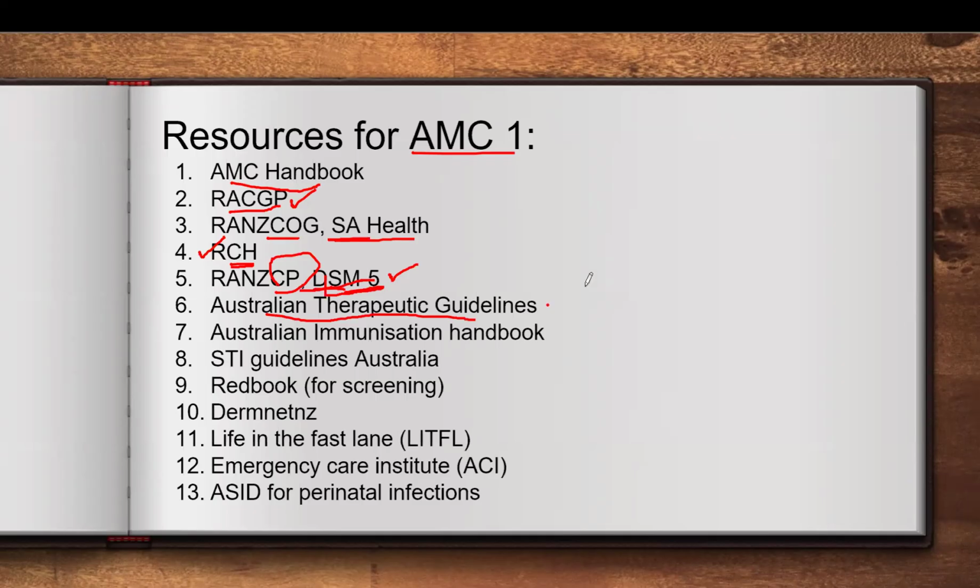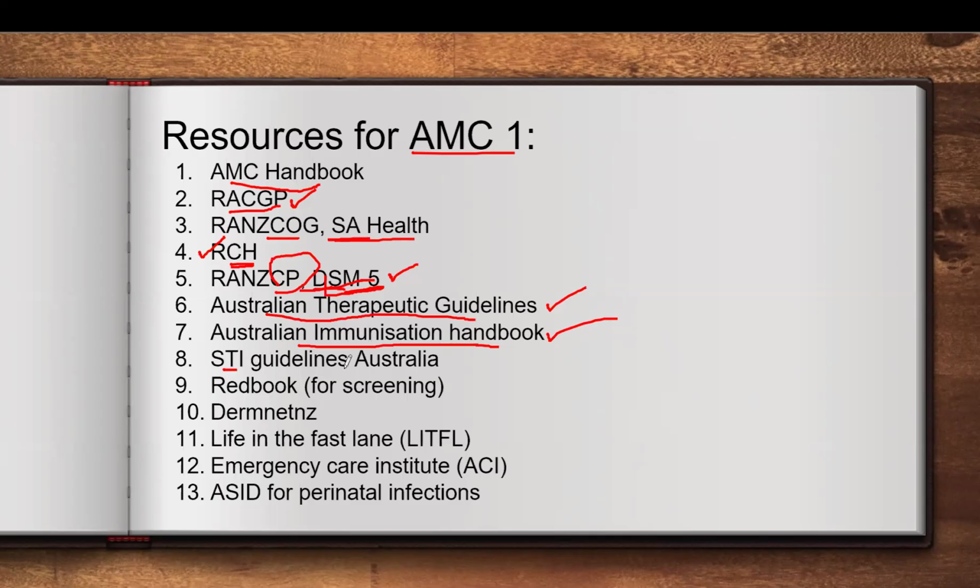We will also be referring to this from time to time. The Australian Immunisation Handbook is for vaccinations or immunisations, so whenever we have questions on that, we will be looking at this guideline.